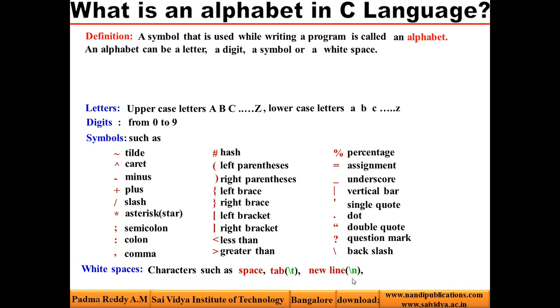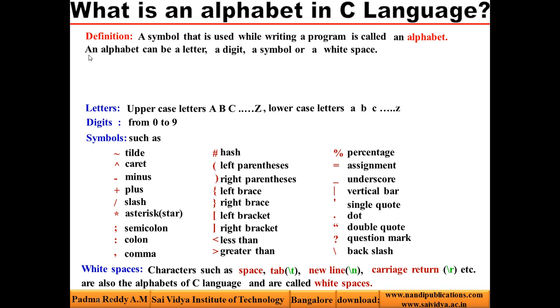It is denoted by \n. We have carriage return. It is denoted by \r and so on. So characters such as space, tab, new line, carriage return, etc. are also the alphabets of C language and are called white spaces.